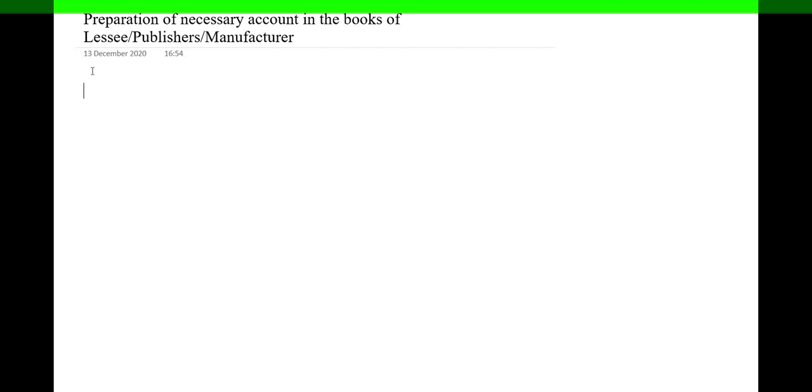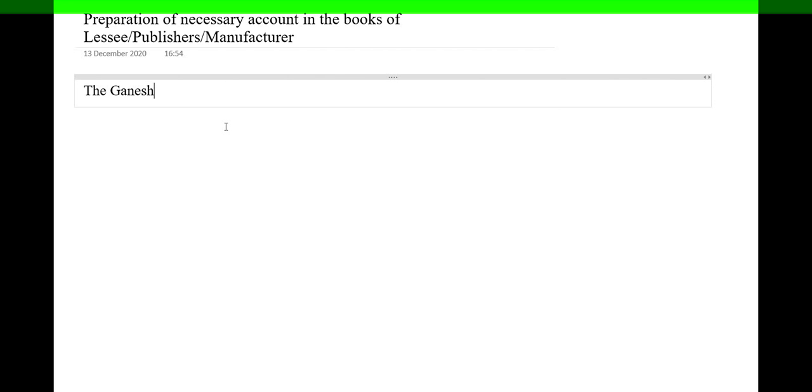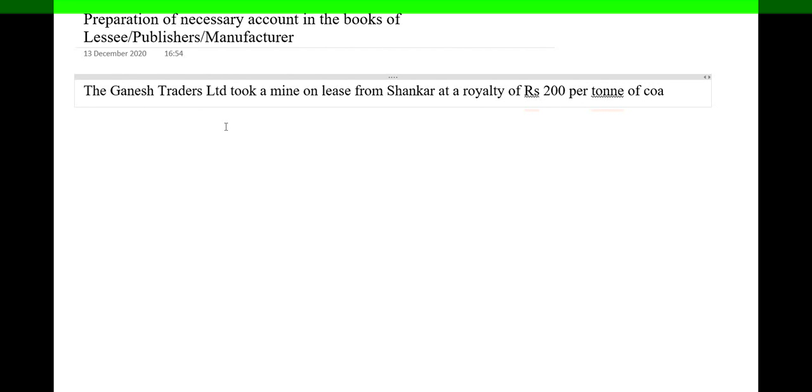The question is like this. Ganesh Traders Limited took a mine on lease from Shankar at a royalty of rupees 200 per ton of coal raised with a minimum rent of rupees 80,000 per annum.